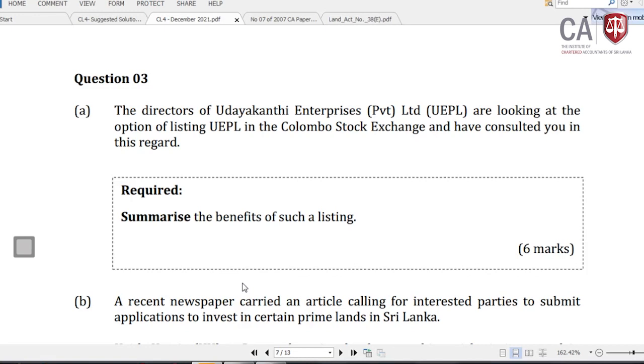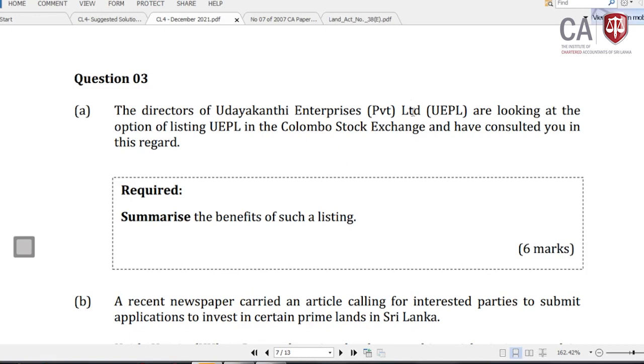Now, this is with regard to the listing of a company in the Colombo Stock Exchange, and you are aware, for you to list a company in the Colombo Stock Exchange, it has to be a company which is not a private limited company. So, if you want to list the company, then you cannot function as a private limited company anymore.